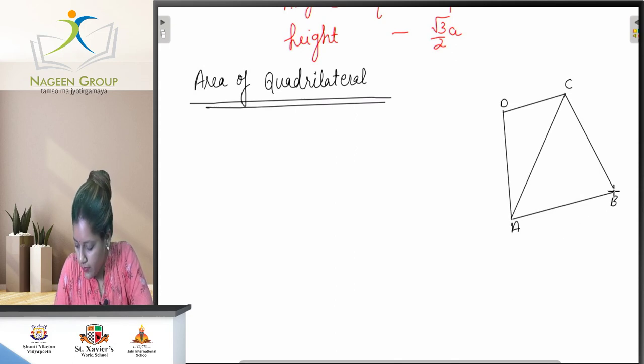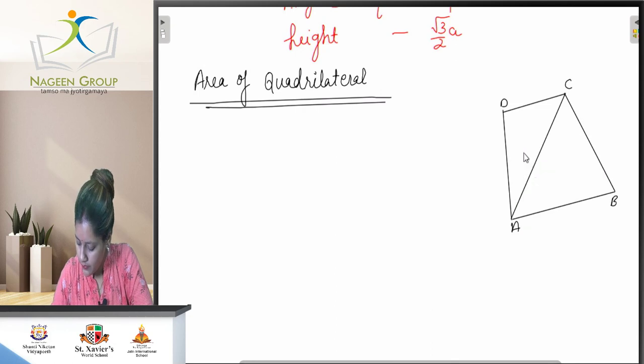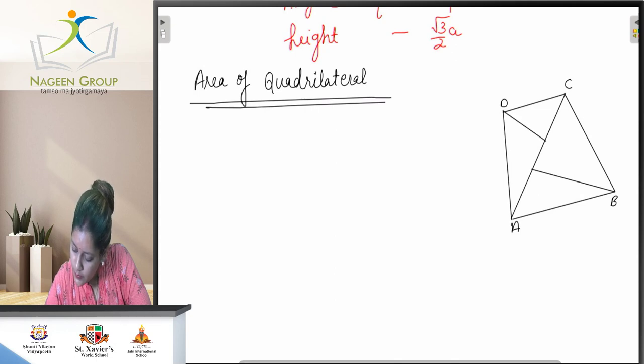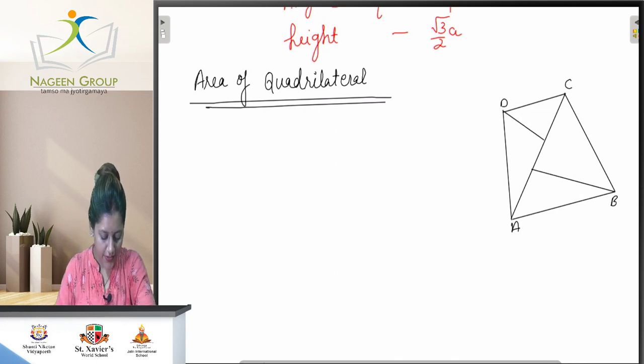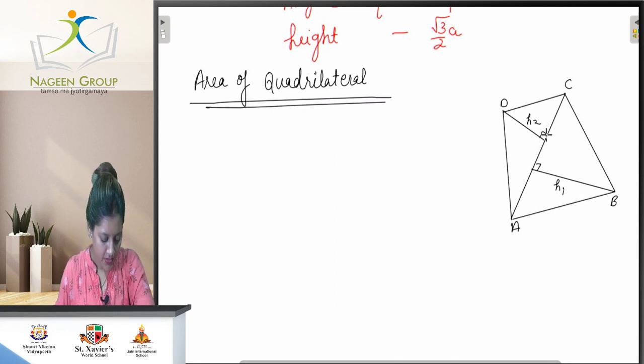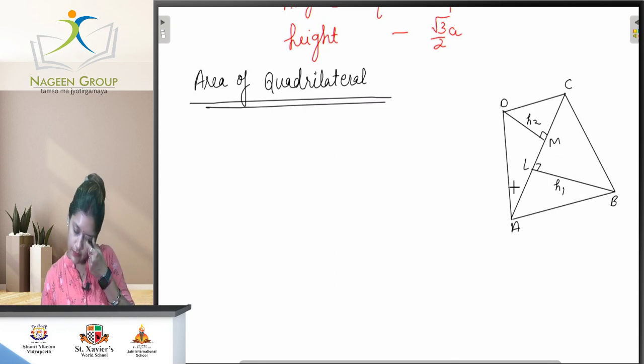Their heights also. These are the heights, H2 and H1. These are the perpendicular sides. Now this is M, this is L.